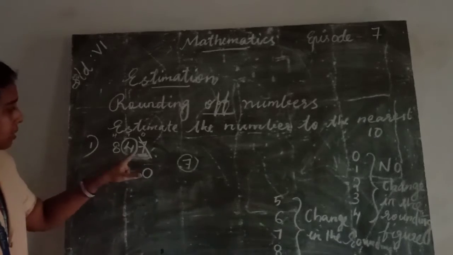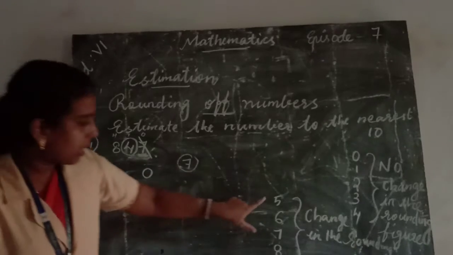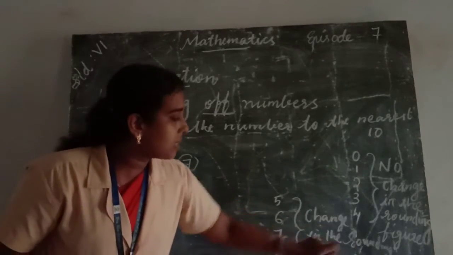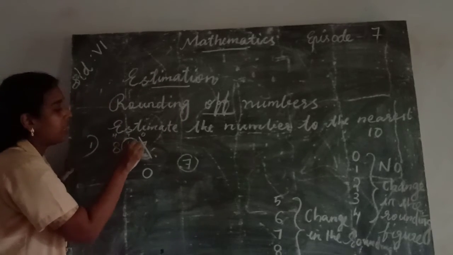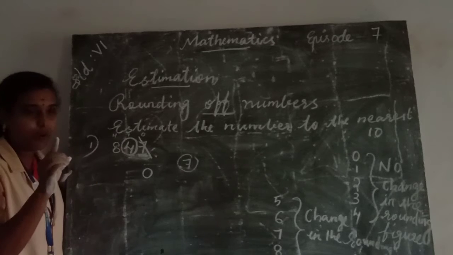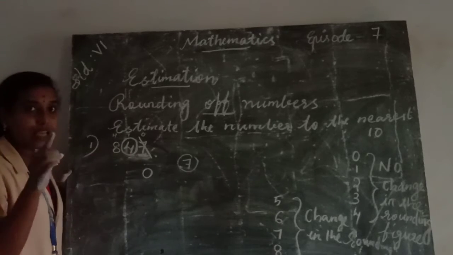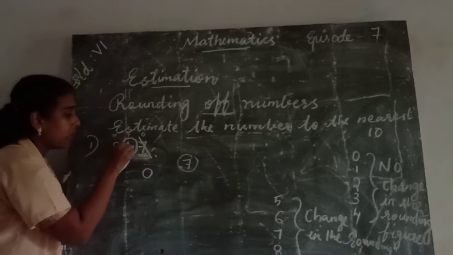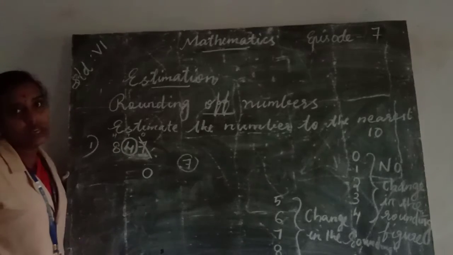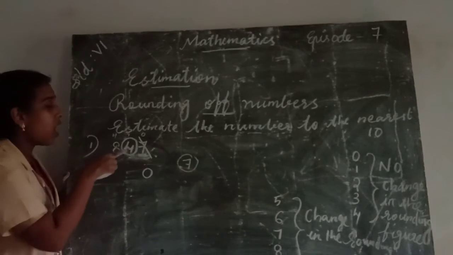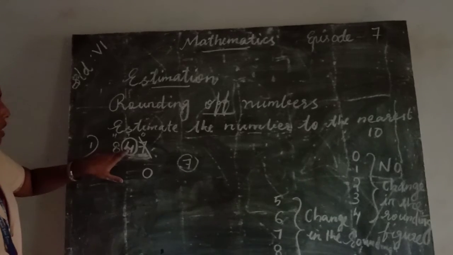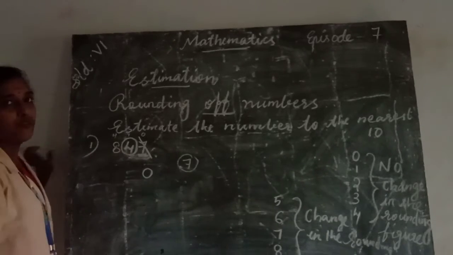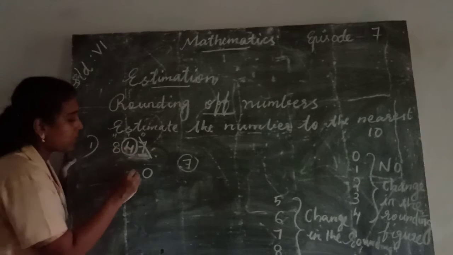If the digit just before is 7, then there is a change in the rounding figure. Here the rounding figure is 4, and the digit before it is 7, so the rounding figure will change, which means we add 1 to 4. That is 4 plus 1, 5.